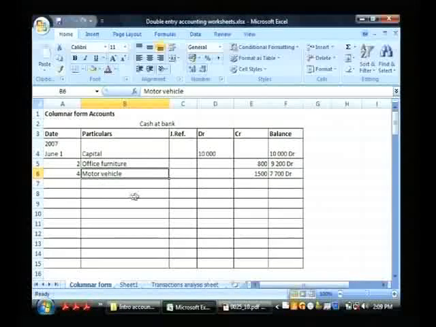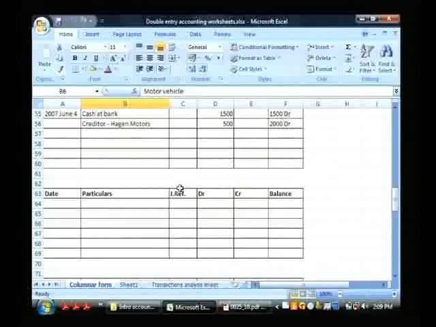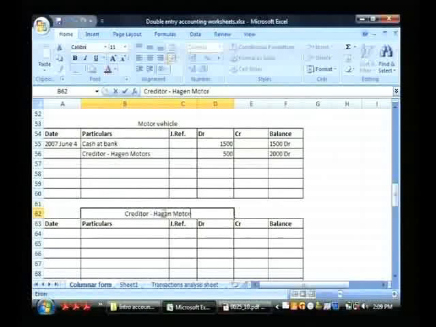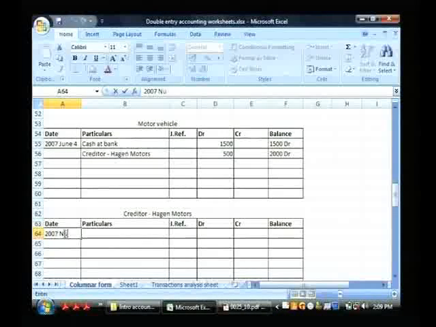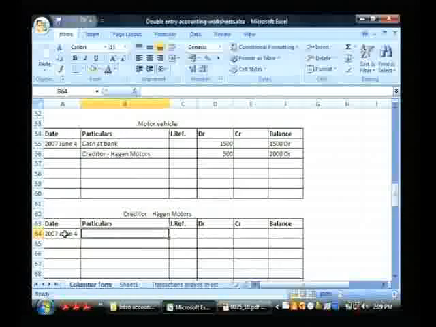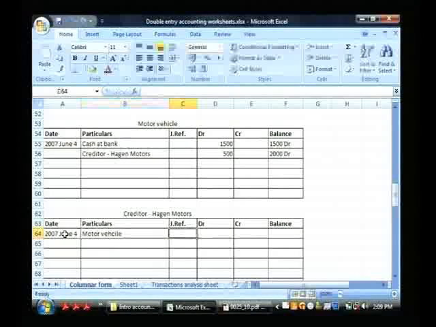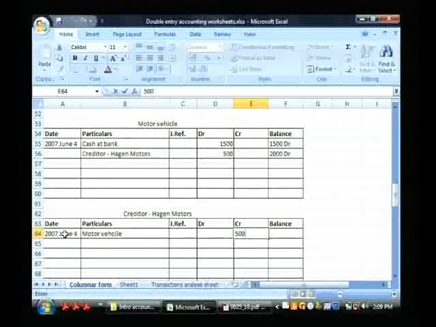So we made the cash at bank account entry and then move on to the Hagen Motors account, creditor Hagen Motors, date 2007, June 4th, motor vehicle account debit and credit Hagen Motors, then 500 credit.